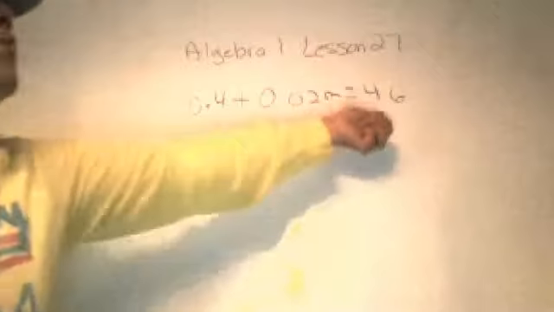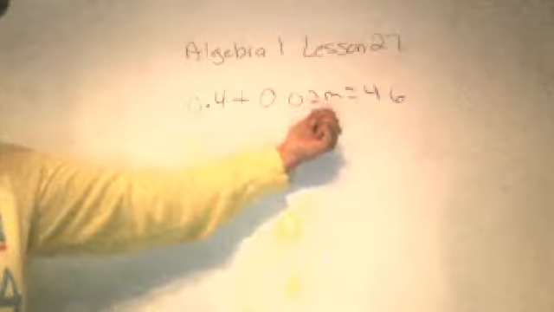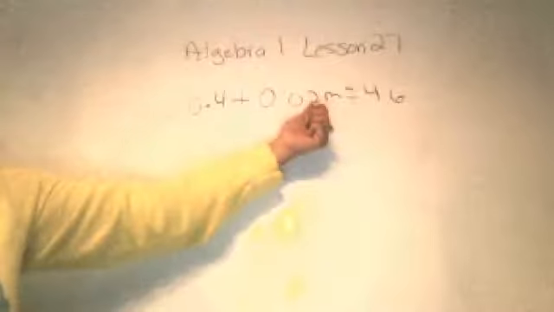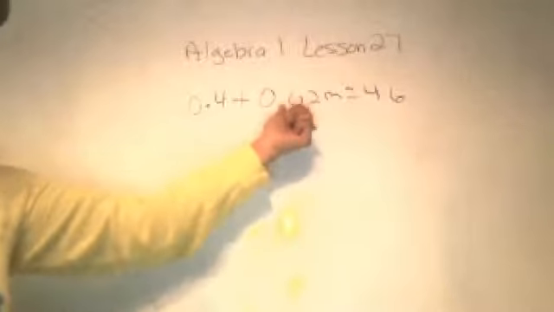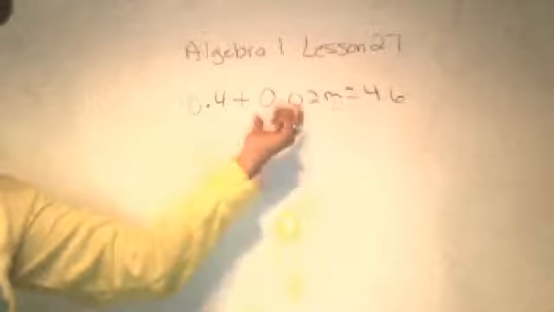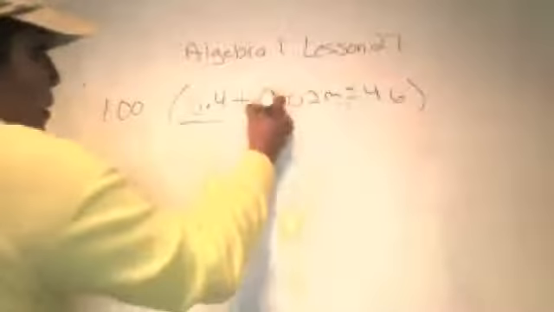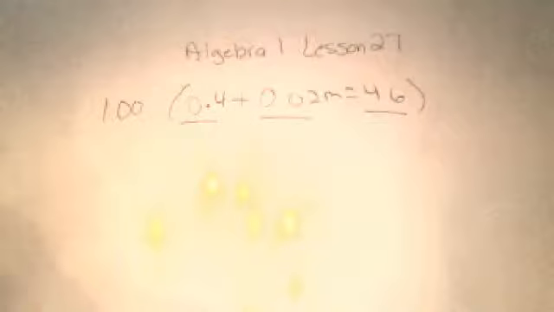You have a 0.4, 0.02, and a 4.6. Which one has the most decimal places? The 0.02. It's got 2 decimal places, or it's the hundredths. So let's multiply this whole equation by 100. You have to multiply every term by 100.